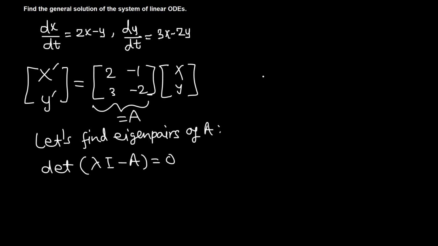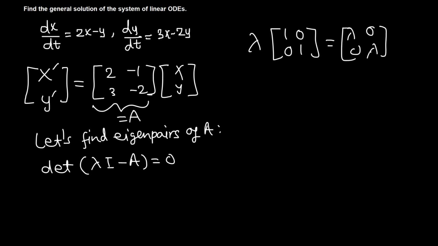Okay, lambda I means lambda times I, 1 0 0 1, multiplied by lambda, we get lambda 0 0 lambda. So that minus A, which is 2 -1 3 -2. When we subtract, we go by component.